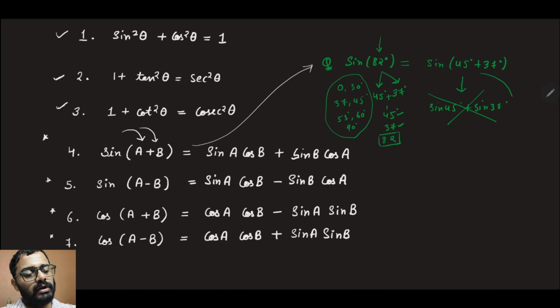What you have to do here is expand it using the identities that we have written. Sine is there and two angles are getting added. Which identity will we use?